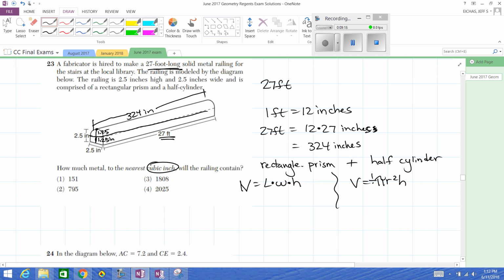So we better do a half, because it's a half cylinder. Wow, a lot going on here. All right, the length is 324 inches. The width we'll call 2.5 inches. And the height, 1.25. We'll get that number in a minute. Half of pi times 0.25 squared.